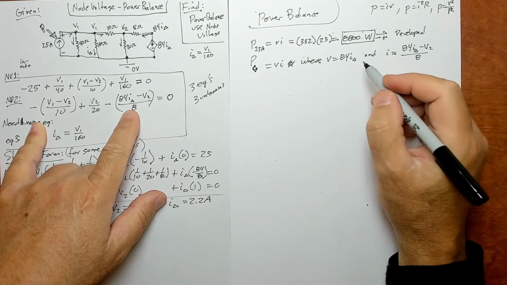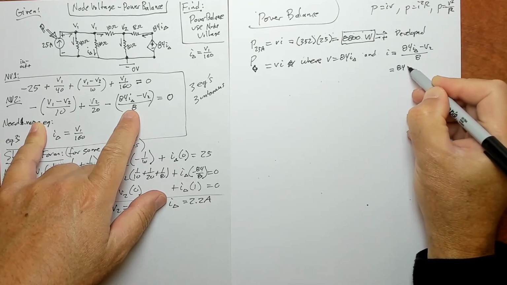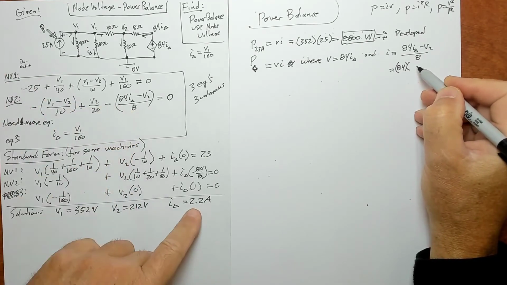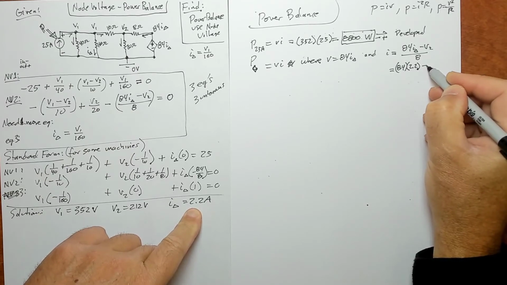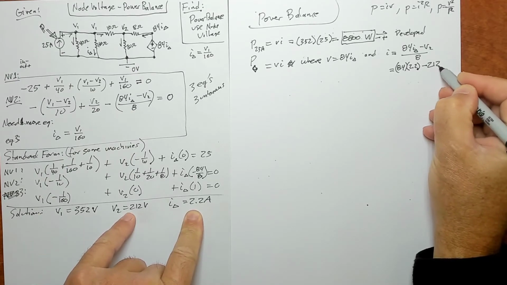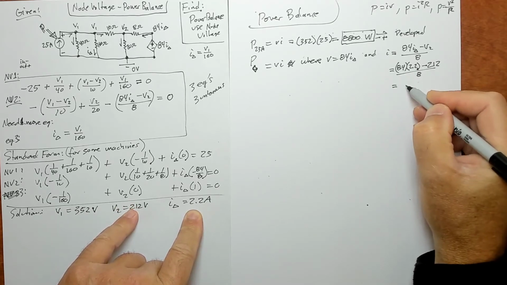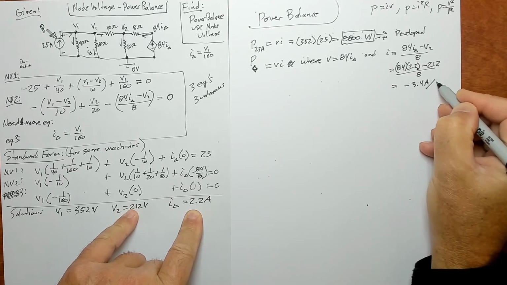So, let's solve this one first. This is 84, and we know I delta. Don't we somewhere? Yeah, here it is, 2.2. Minus 212, this guy right here, and that's all over 8. And this works out to minus 3.4 amps.